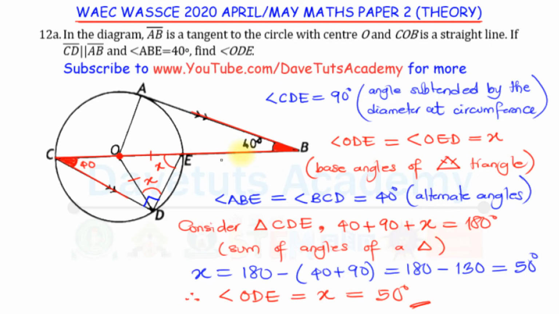And you can see how our understanding of parallel lines and the transversal running across them can help us to generate alternate angles, how the fact that the diameter of a circle subtends a right angle at the circumference here at D, and finally the sum of angles of a triangle adding up to 180 degrees. All these postulates, you can see how they have helped us to evaluate the correct solution to this question, that angle ODE that we're asked to find is nothing but 50 degrees. All right.